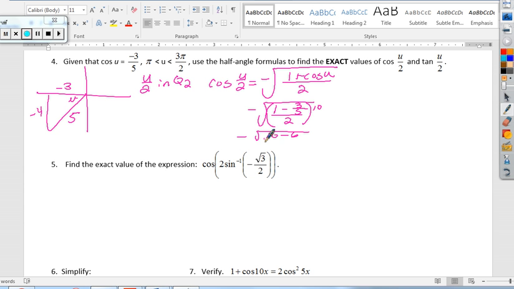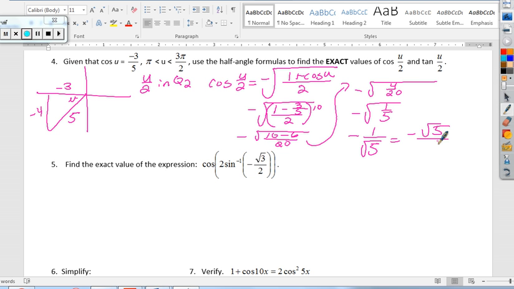Multiplying back, we get minus 6, all over 20. Let's reduce everything down by 2, so I'm going to have 10 minus 6 is 4 over 20, and that's going to reduce to 1 over 5, which becomes 1 over square root 5, and rationalized, our final answer would be negative square root of 5 over 5 for the cosine.